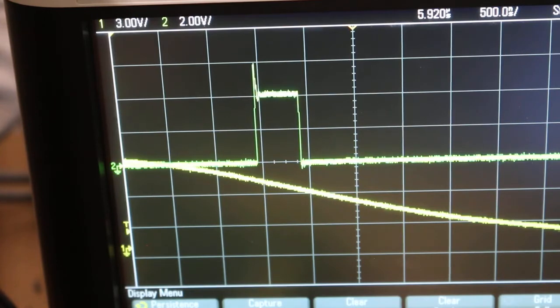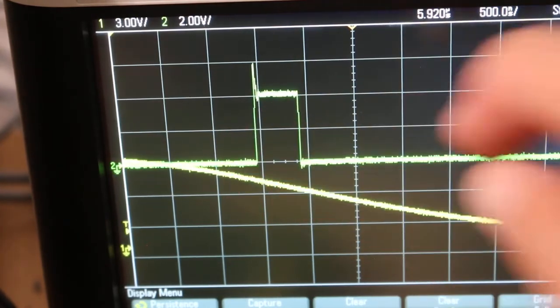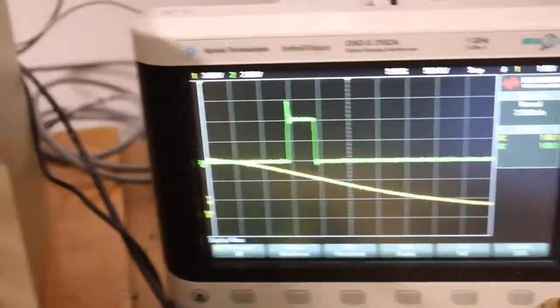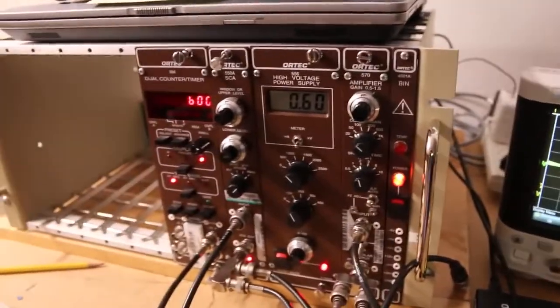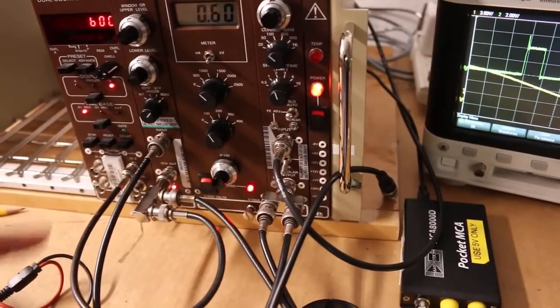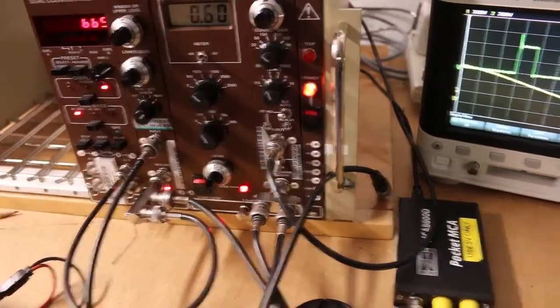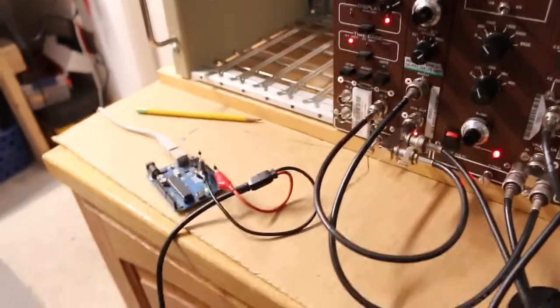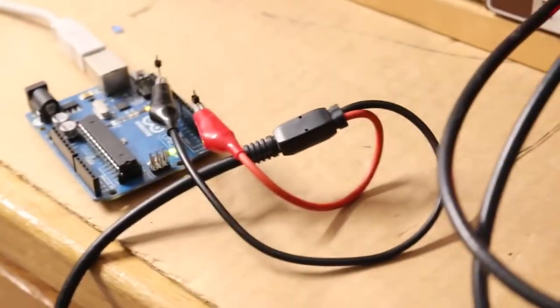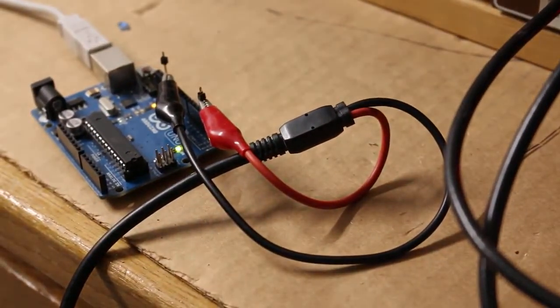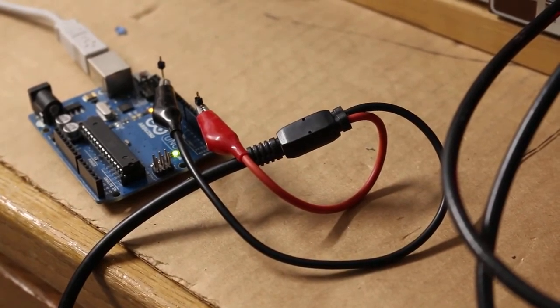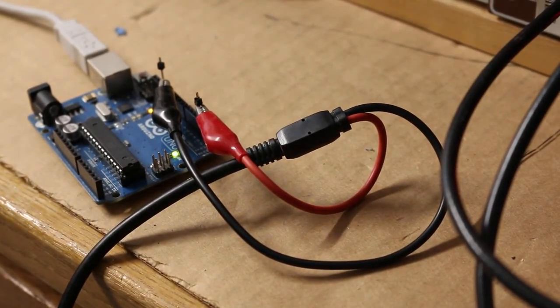We don't have anything in the software made for us to do this timing between pulses, but we can take these output pulses from the SCA that we're looking at on the oscilloscope, and feed them into something called an Arduino. The Arduino is our own little computer that we can tell to do whatever we want with. I will pick up exactly what we're going to do in the next video.